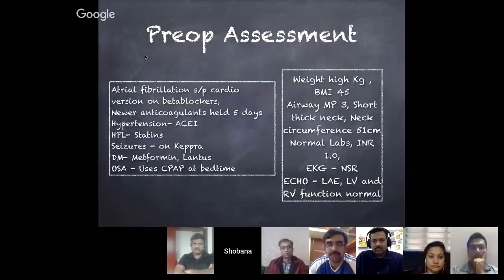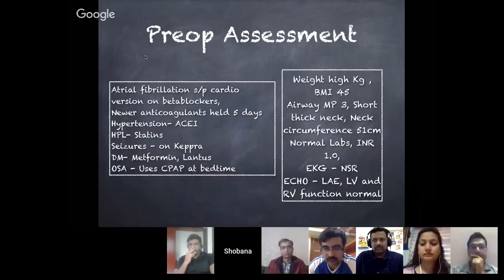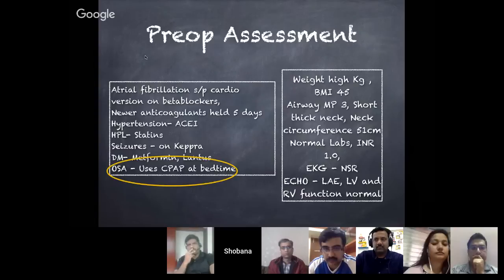Now, when you look at the preoperative assessment, many times patients have a number of comorbidities. They could have atrial fibrillation and be on beta blockers. They might be on anticoagulants, with hypertension, hyperlipidemia, diabetes, and most importantly, obstructive sleep apnea, which is what is most alarming for us, isn't it? Especially when we have to do it as an awake craniotomy.